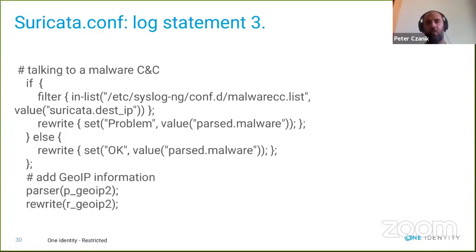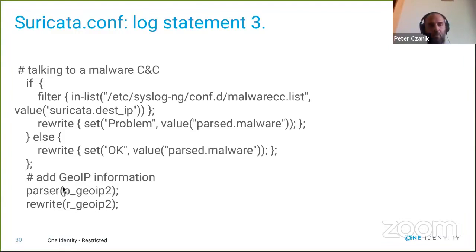If the IP address is matching, then it creates a name value pair with the content of saying problem, else it writes OK as value here. You can use it for alerting or create a table in Kibana or whatever you want.